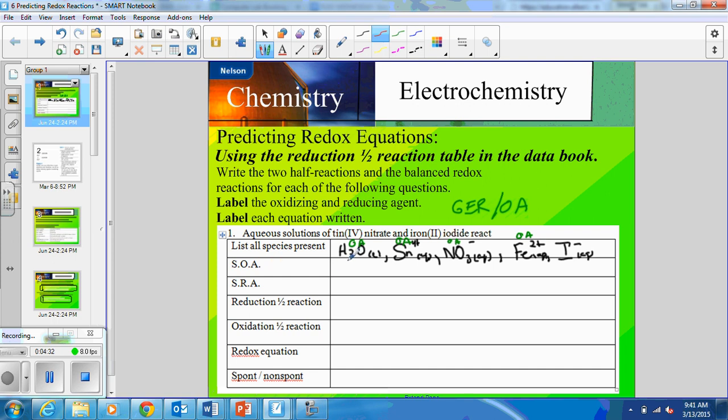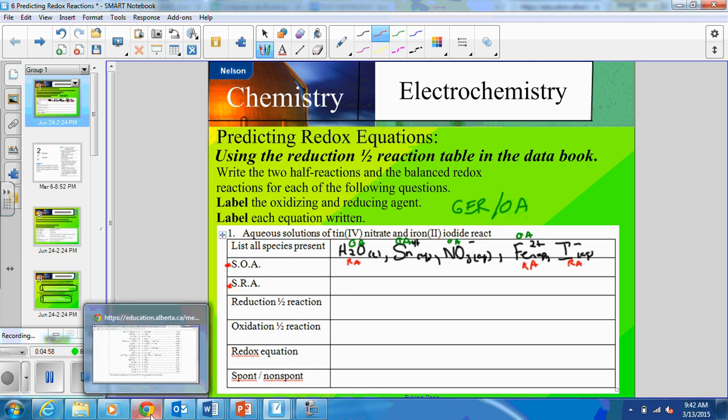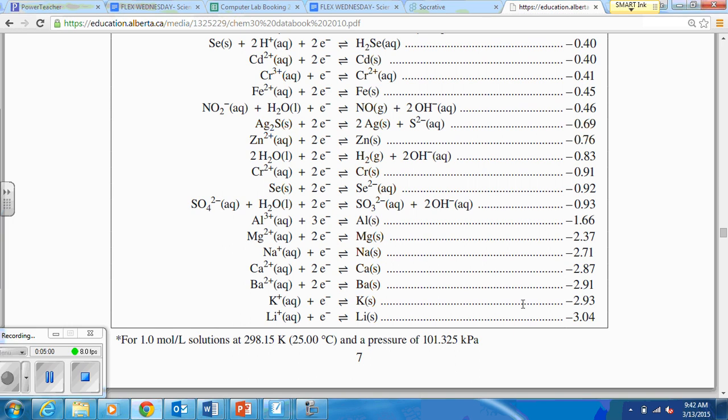Water is one of those that appears on both sides of that chart, so this will be an RA. Tin 4 will only act as an OA. Nitrate will only act as an OA. Iron 2 can be an OA or an RA. And then I negative is an RA. Now we have to identify the strongest oxidizing agent and the strongest reducing agent. Here's where we go to page 7 in your data book.